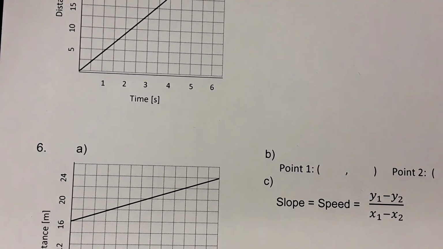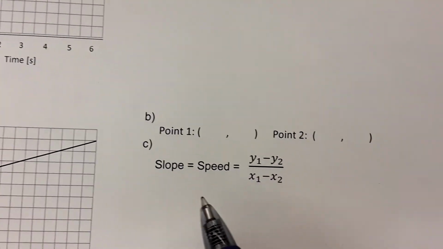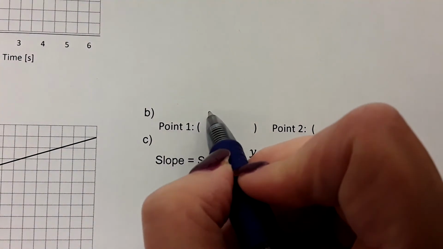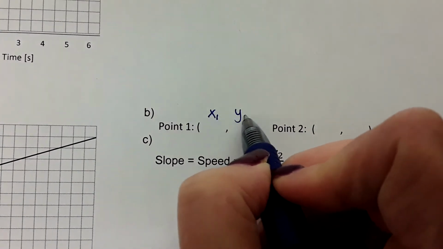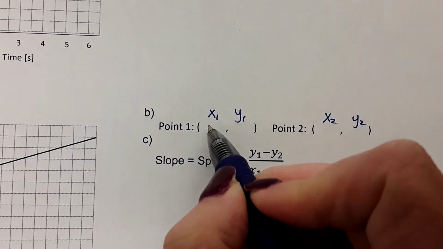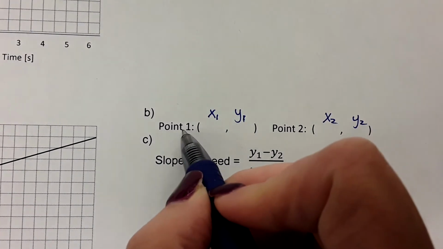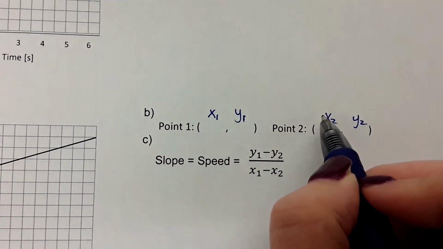All right, but I want you to practice picking 2 points. And remember, each time you do this, for point 1, make this x1, y1, and for point 2, x2, y2. It's always x comma y. So we differentiate the x's by making point 1, x1, point 2, x2.